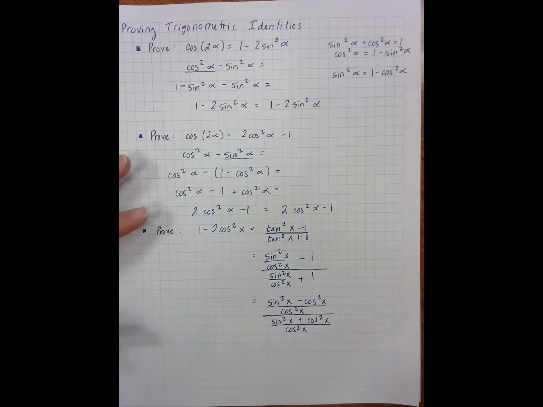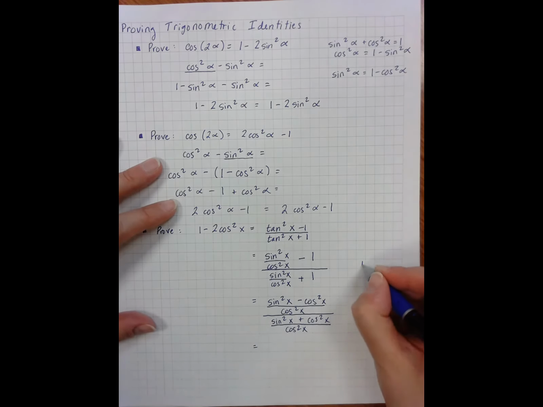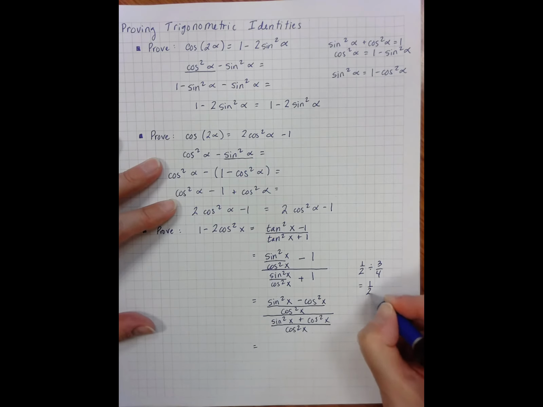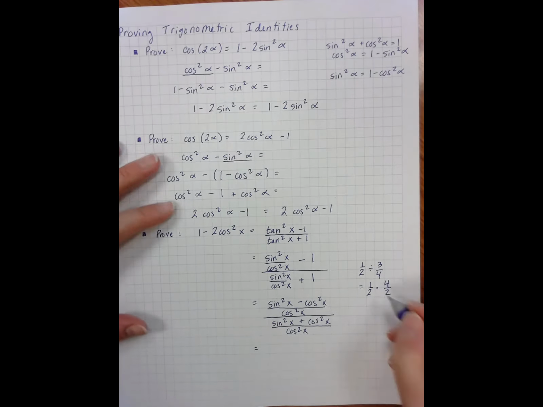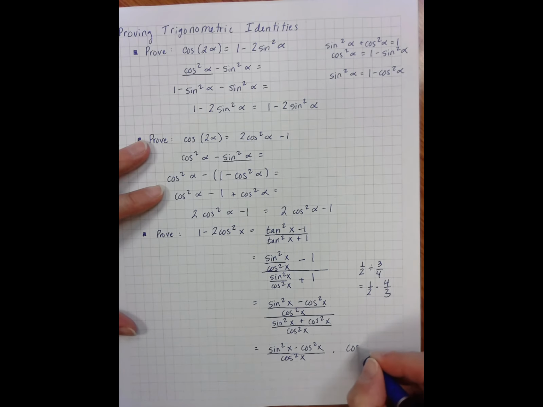And now I can simplify these fractions because if we remember, when I divide fractions, it really is multiplication of the reciprocal. And so when I do that, I have sine squared x minus cosine squared x all over cosine squared x times cosine squared x all over sine squared x plus cosine squared x.